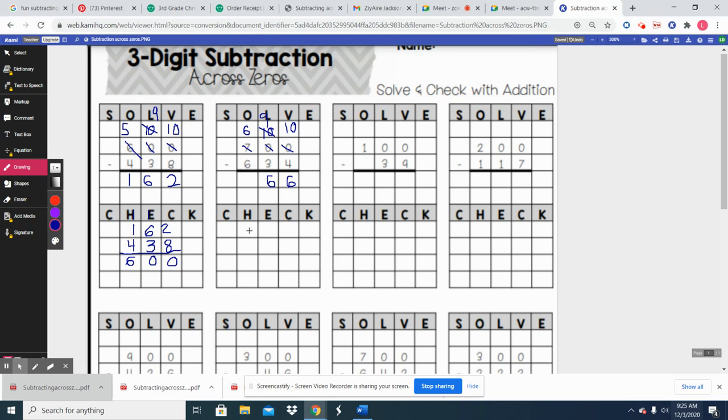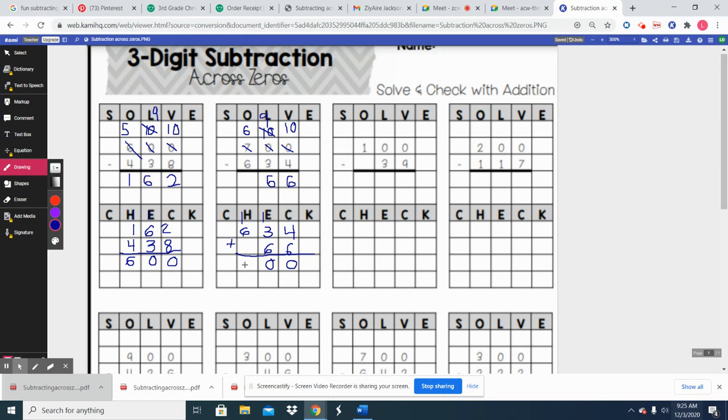So we're going to take 634 plus 66 to see if we get 700. 4 plus 6 is 10. 3 plus 6 is 9, plus 1 is 10.